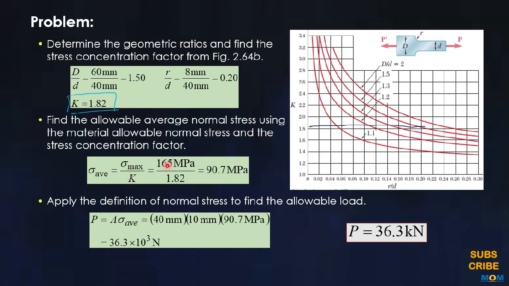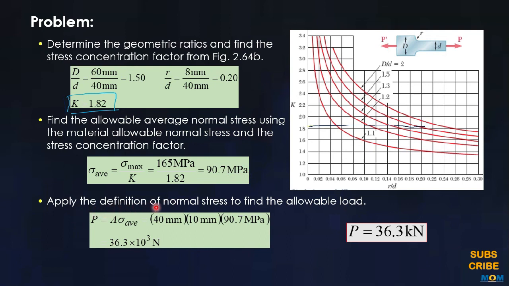The maximum stress that is given is 165 megapascal, and we have calculated the value of this K. Now we can calculate the average stress value with this expression, 165 megapascal divided by the stress concentration factor of 1.82. We find that the average stress value is 90.7 megapascal.